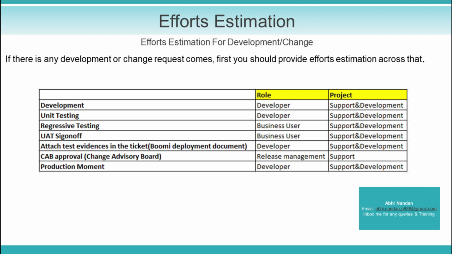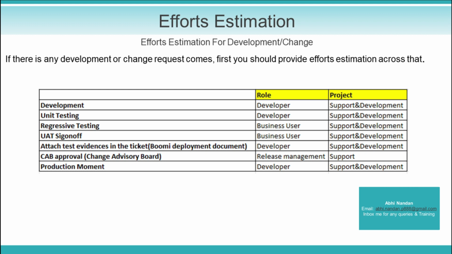Once it is approved by the CAB, then the change has to be moved in a particular time frame. As per their changes, as per their module, there is a fixed time where they will provide you the time frame where you need to deploy.